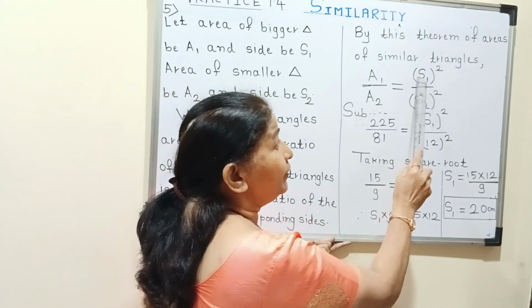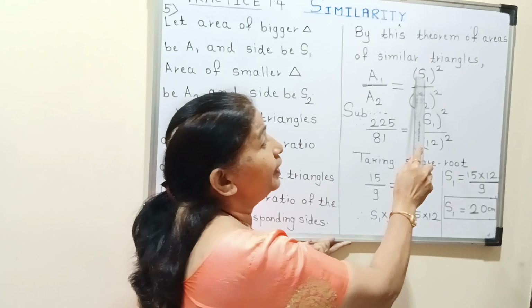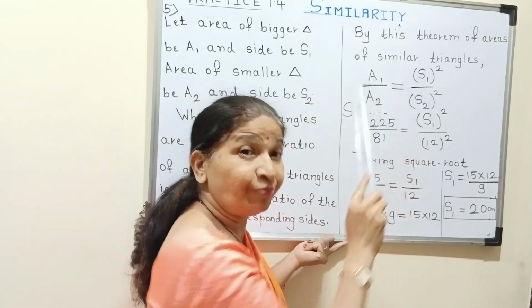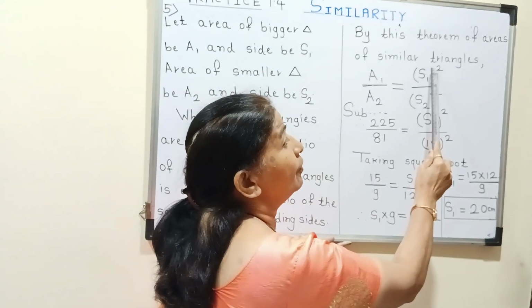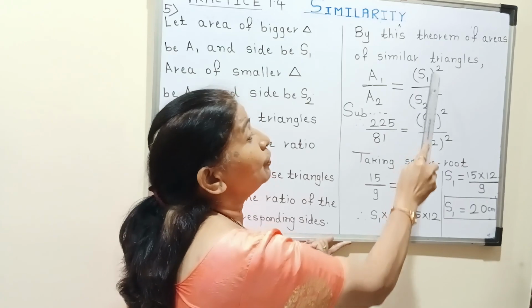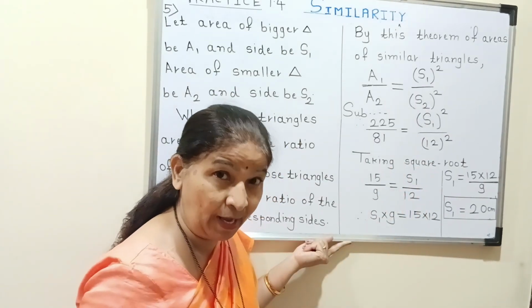So S1 square is the side of the bigger triangle, and as they told, I have taken the square. So S1 square upon S2 square.